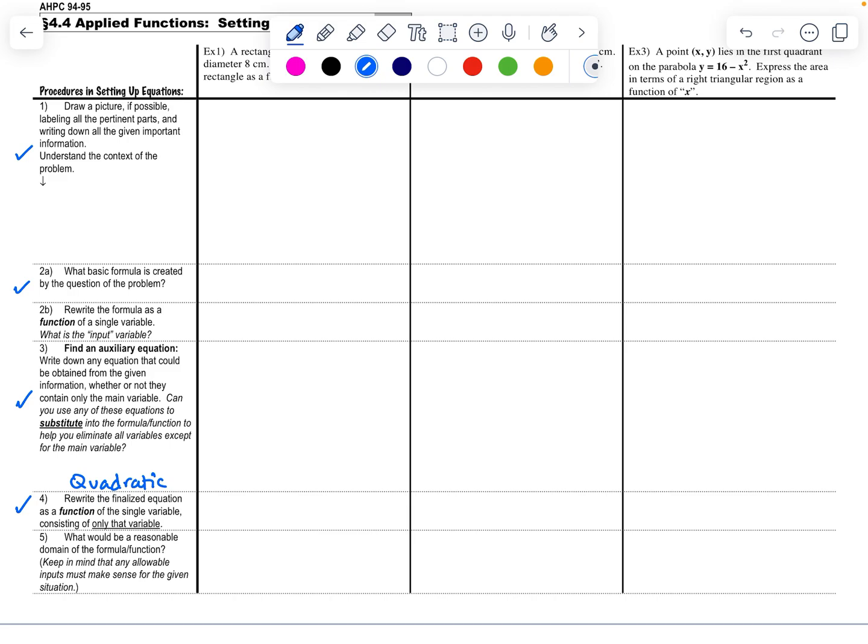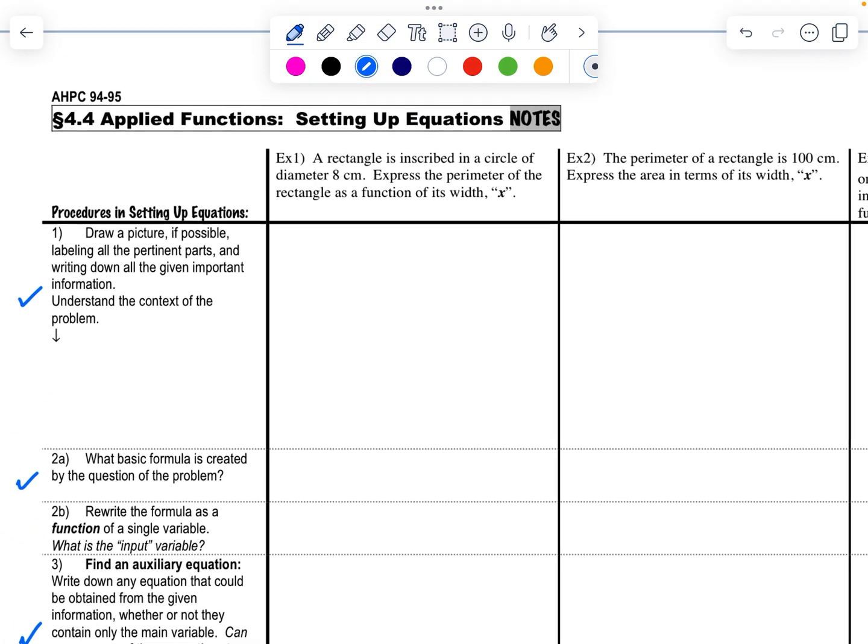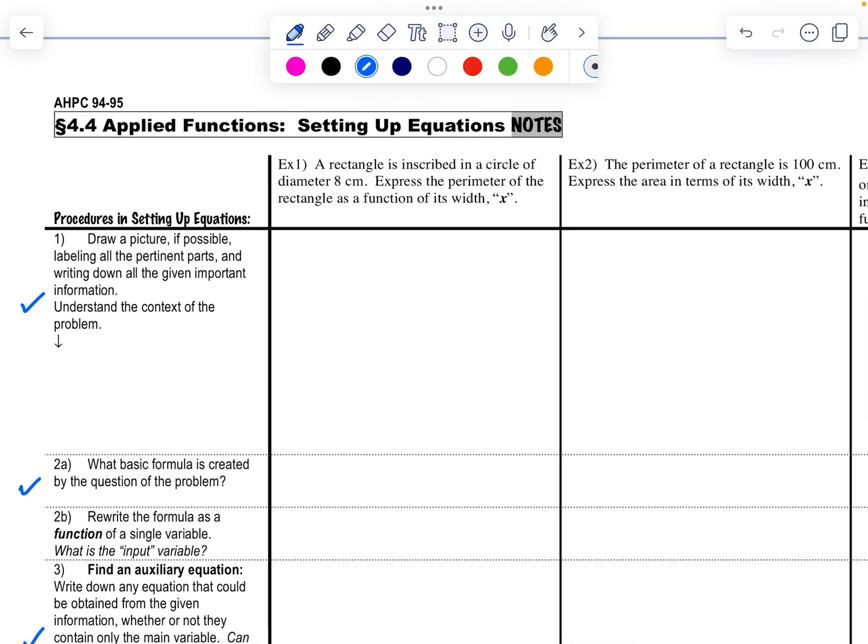All right, the first one. I want you to see if you can draw this on your own. So pause the video, see if you can draw it. The reason is most of you are going to make a mistake on this, and I need you to learn from your mistake. So it says a rectangle is inscribed. You need to know what this word inscribed means.